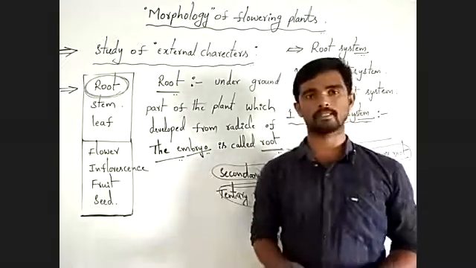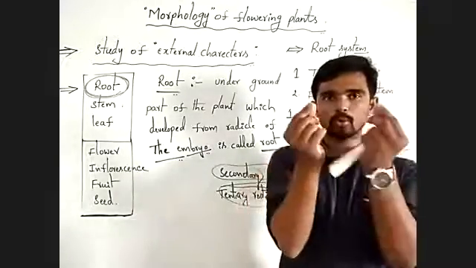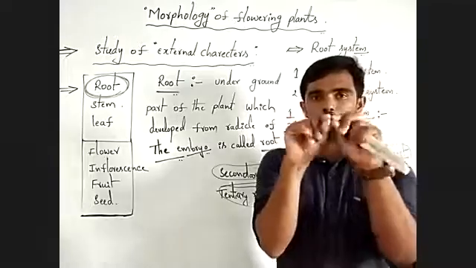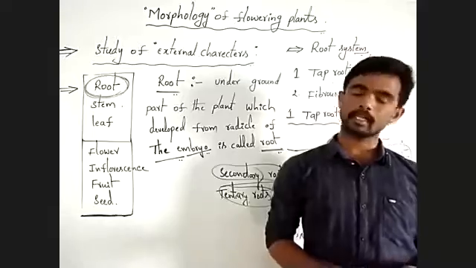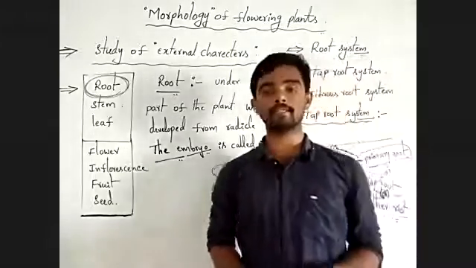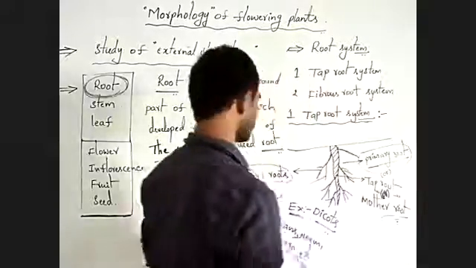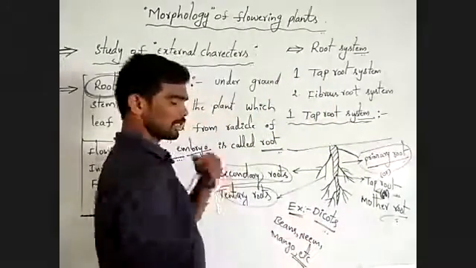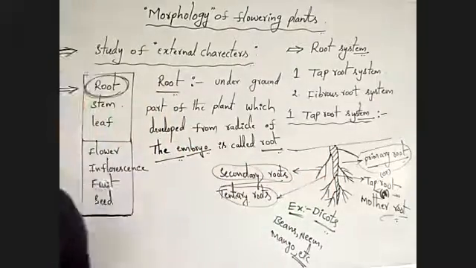Tamarind plant too, we can separate the two parts of the seed. Like this, different types of dicot plants. This is a tap root system.